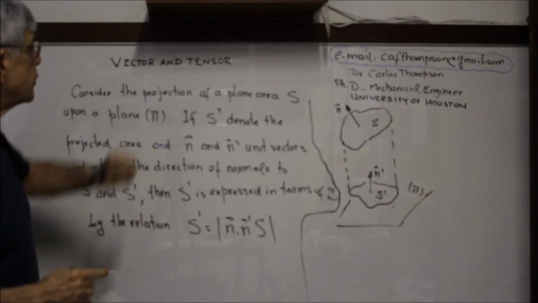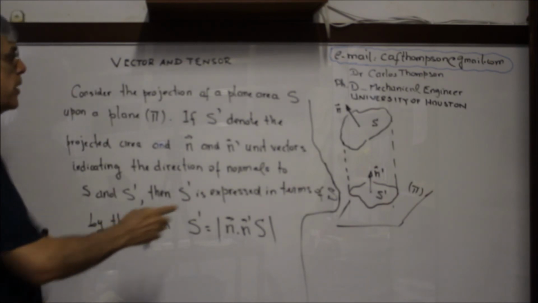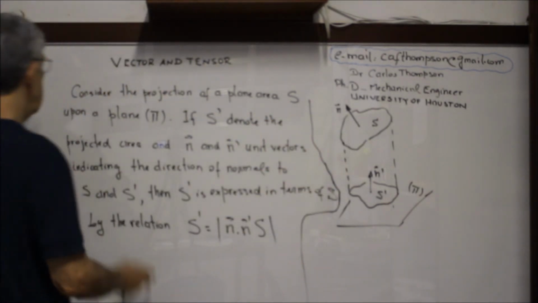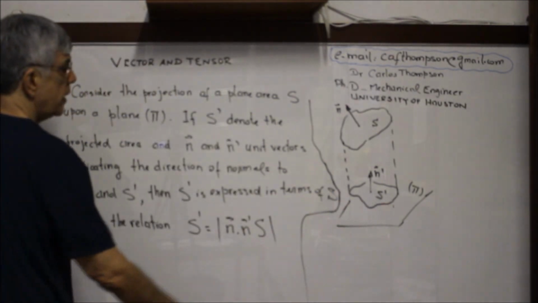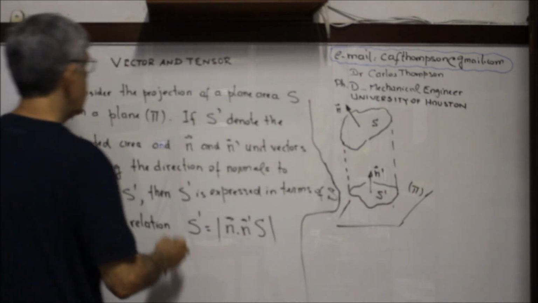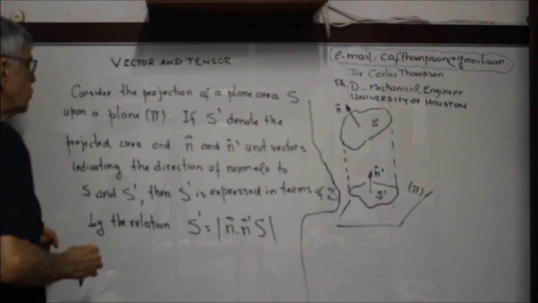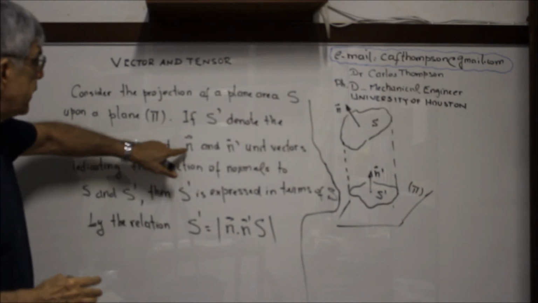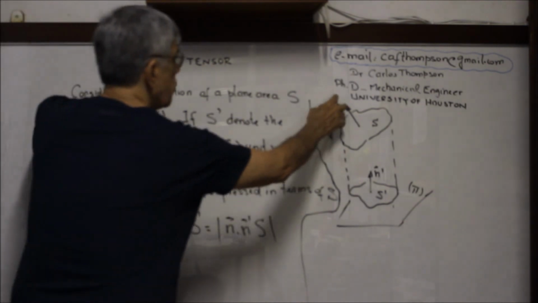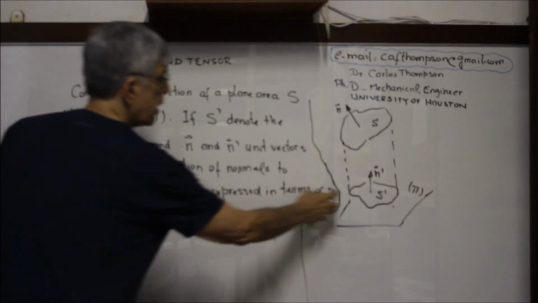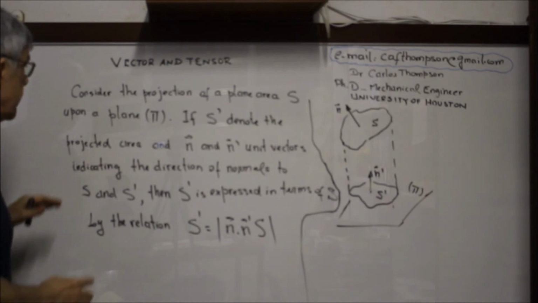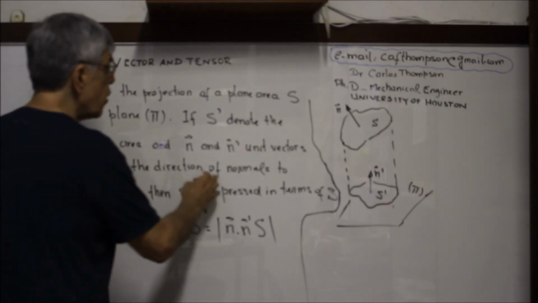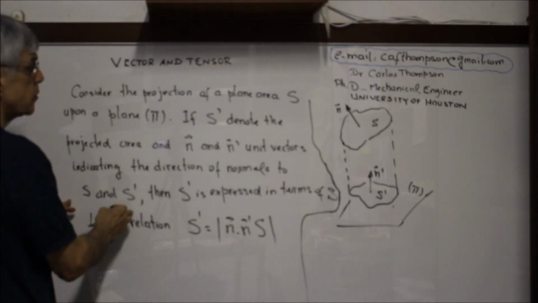Consider the projection of a plane area S upon a plane pi. If S prime denotes the projected area, and n and n prime are unit vectors, they indicate the direction of normals to S and S prime.